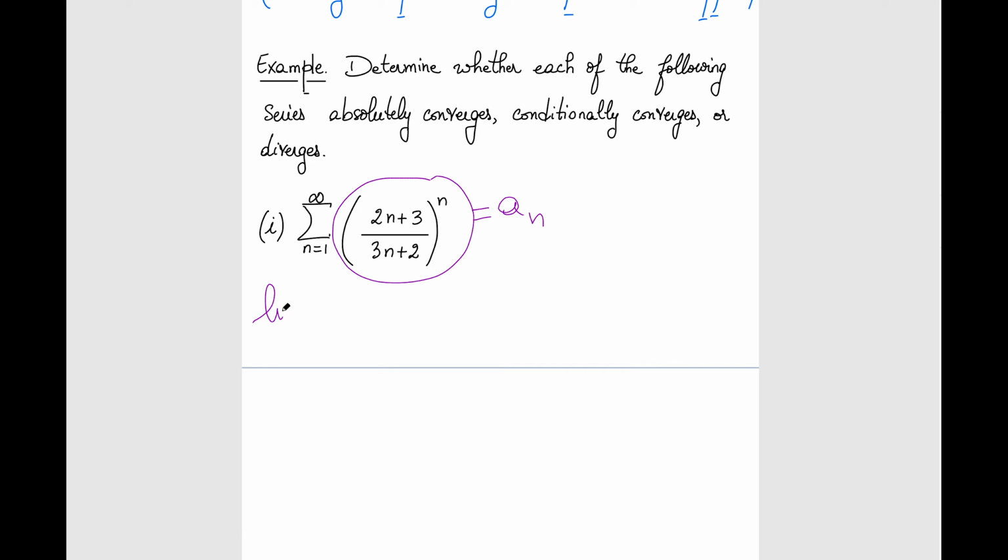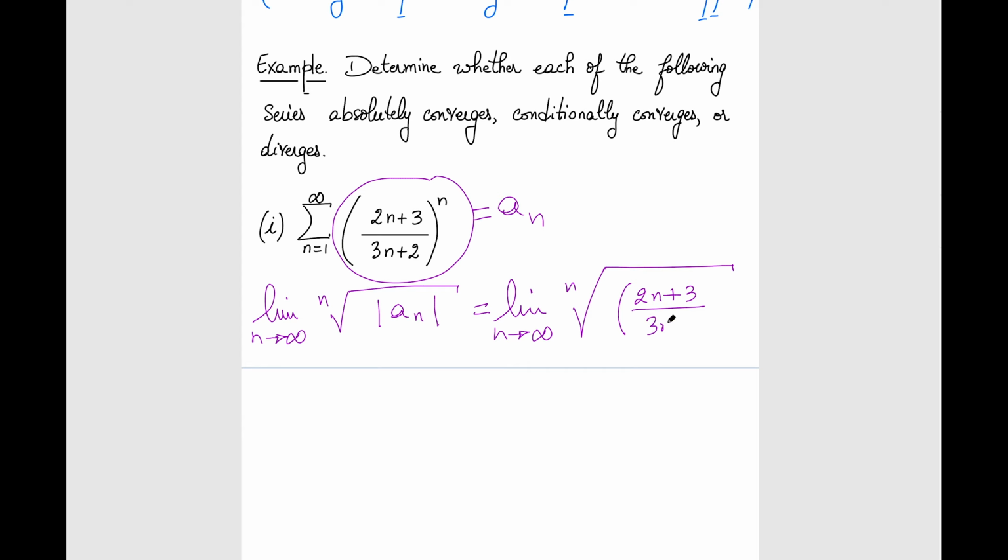So we get the limit as n goes to infinity of the nth root of the absolute value of an. Let's do it in stages. The absolute value of an is an itself, so we have (2n plus 3 divided by 3n plus 2) to the power n, because this is a positive entity. And the nth root of the nth power, they undo each other.